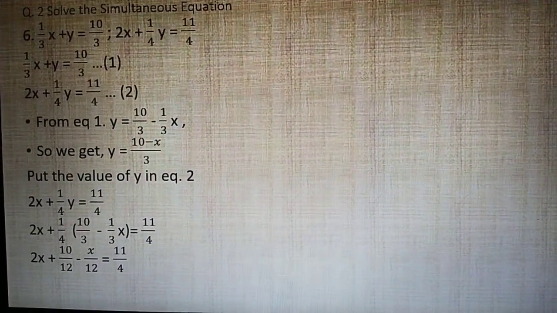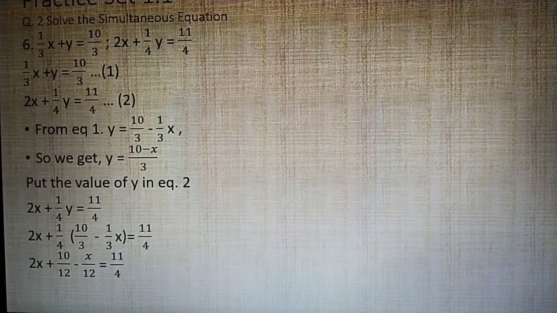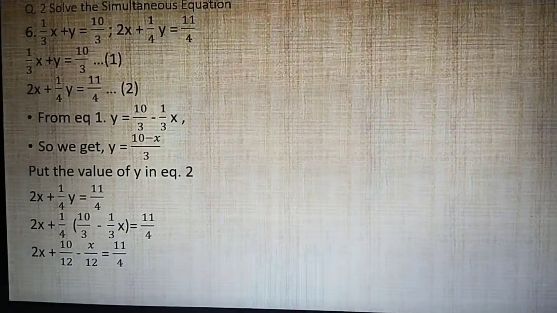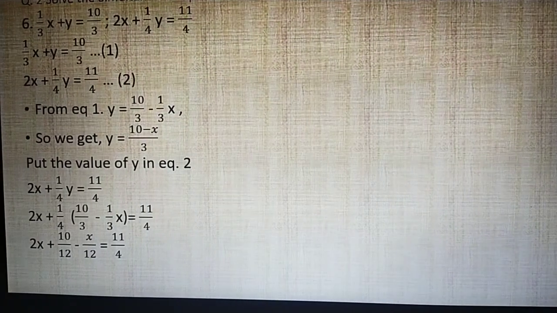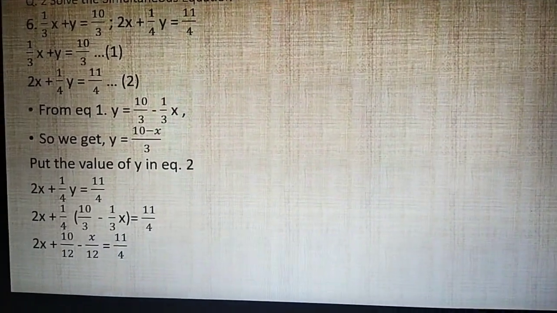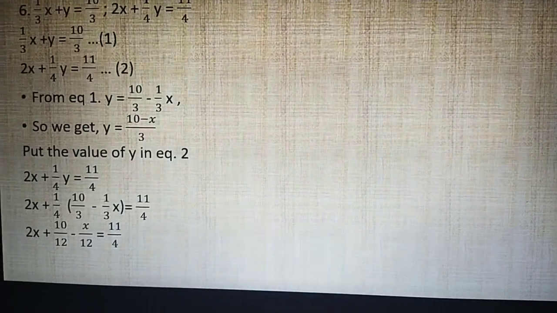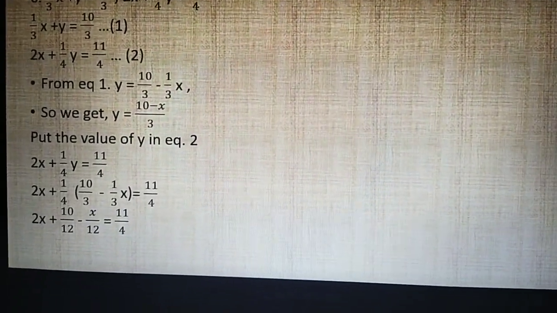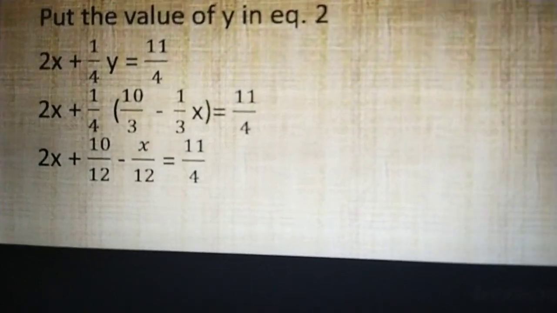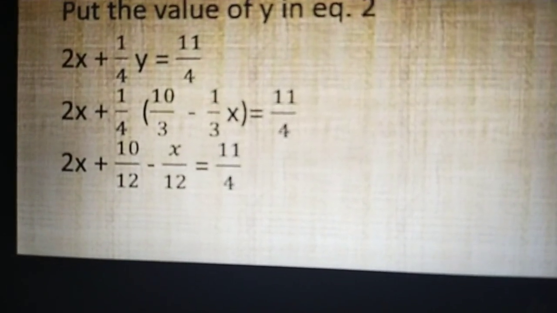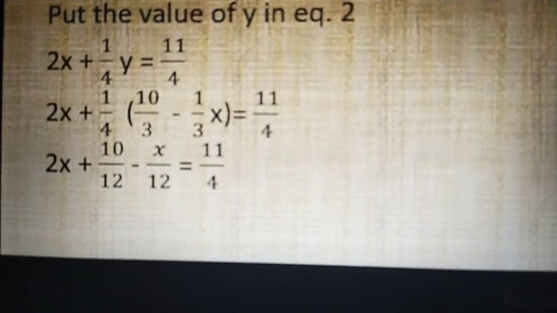Now 1 tens are 10, correct. 4 threes are 12, minus 1 into x is x, and 4 threes are 12 in the denominator. So you have 2x plus 10 upon 12 minus x upon 12, which is equal to 11 upon 4.